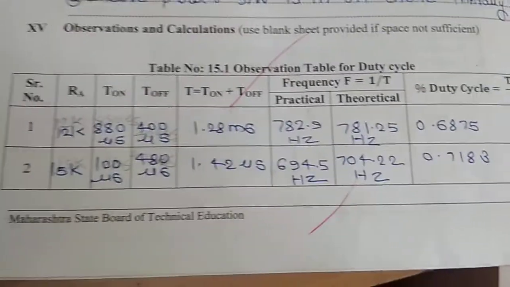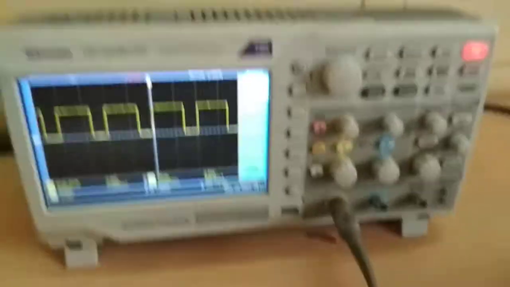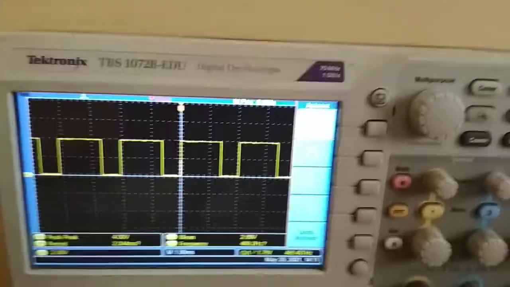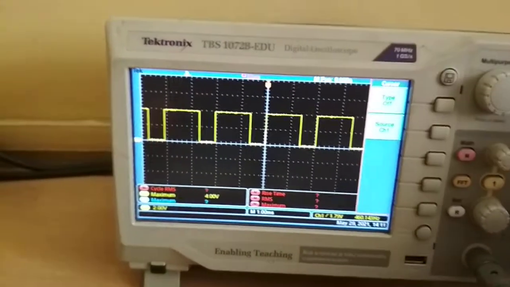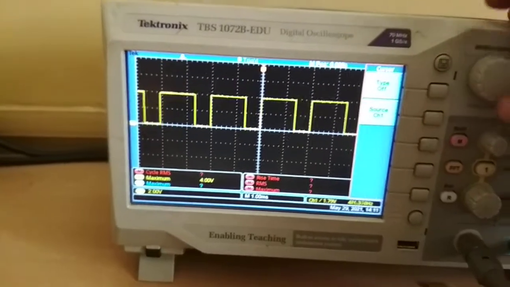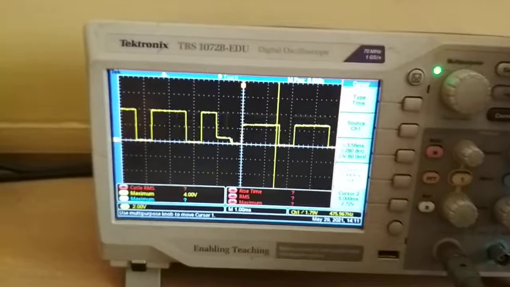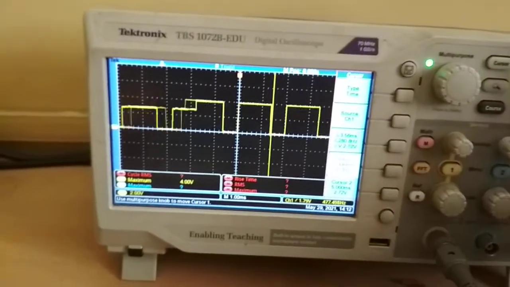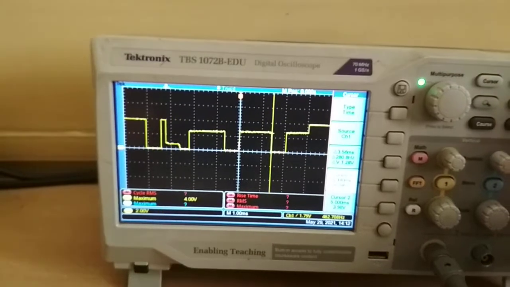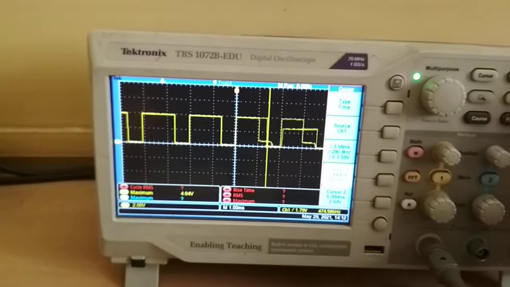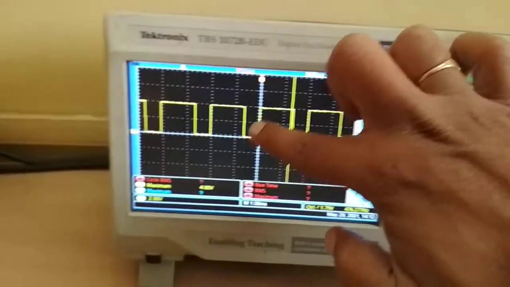To take the reading of T on, just follow this procedure. We have to go into cursor. I have pressed cursor, and this is the first cursor.